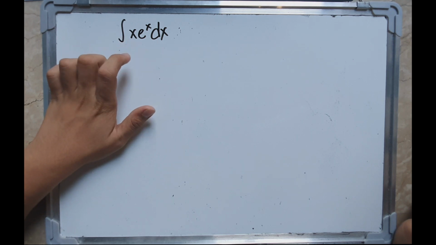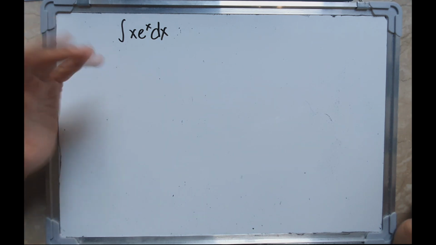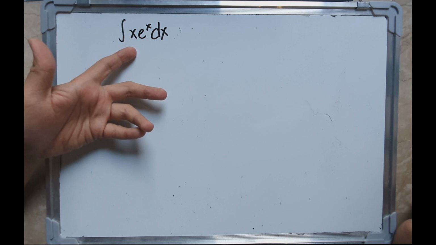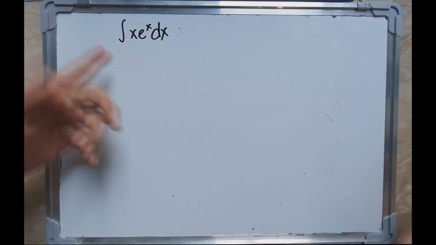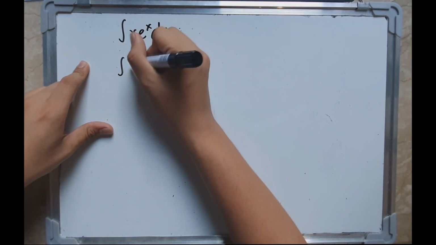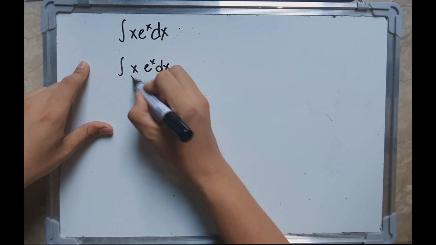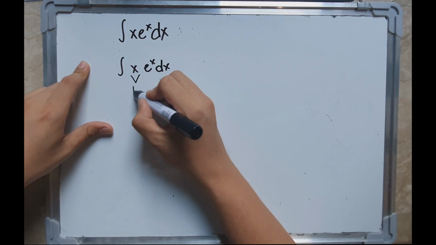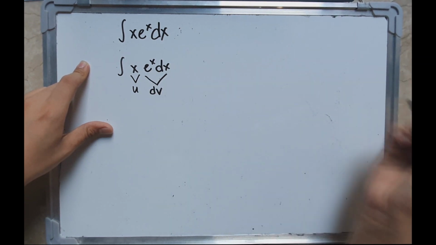So how many attempts or how many choices can this integrand be solved? There is one possible solution. We have x e raised to the power of x dx. So they would choose x as the u and this one as the dv.